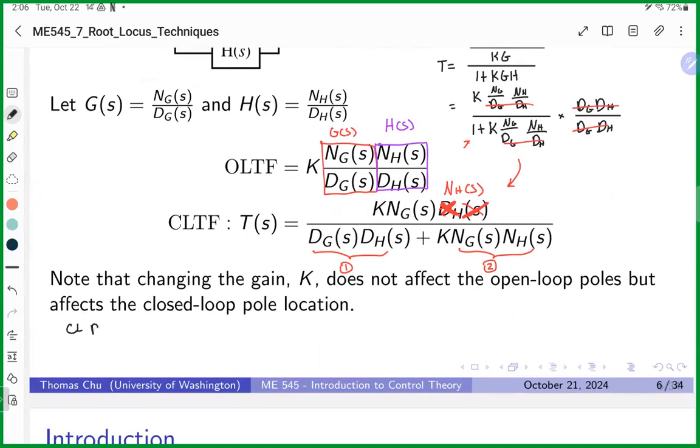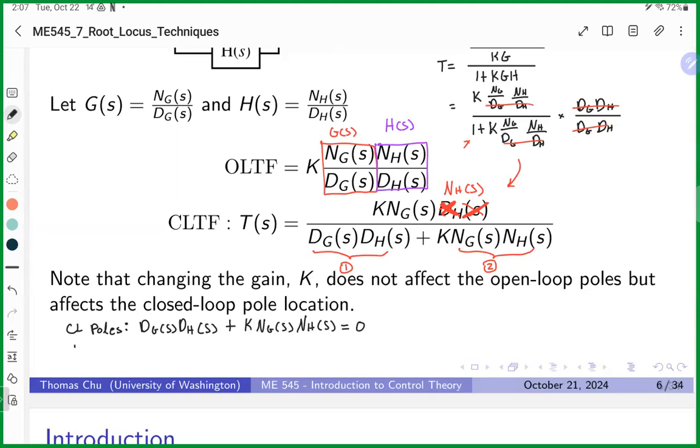So closed loop poles is when dg of s multiplied by dh of s plus k ng of s multiplied by nh of s is equal to 0.